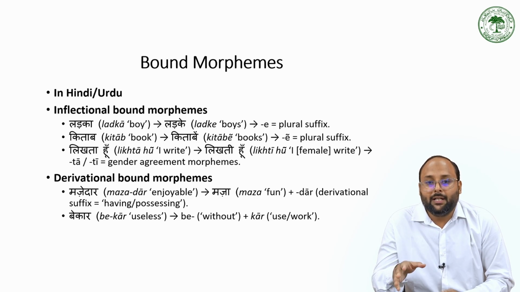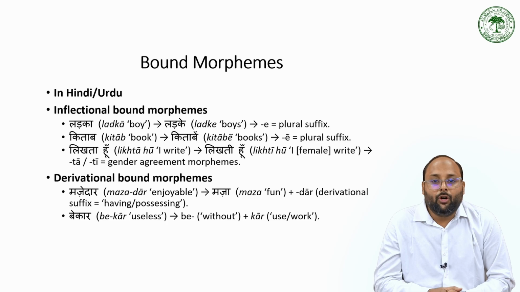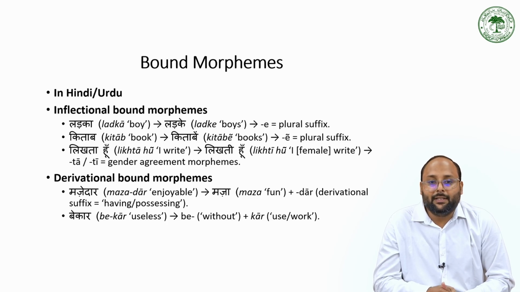So the a changes to e to make it plural, and in kitab we add the suffix to make it plural. For likhta hu and likhti hu, ta and ti have different gender agreement. These are called inflectional bond morphemes, because if you add those suffixes in the language, they do not change the word class.